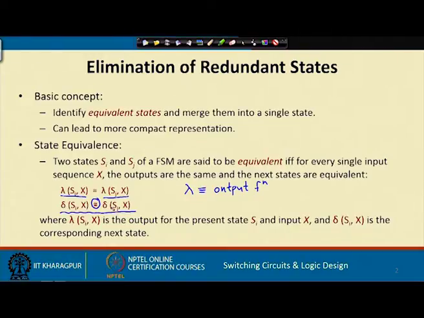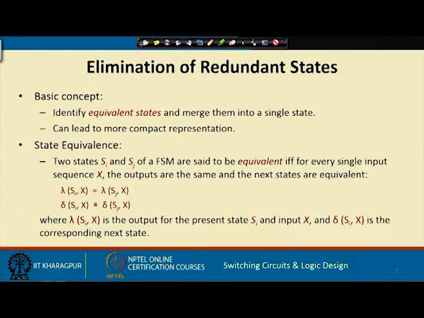So, when you have this kind of a condition holding, then we say that S i and S j of the machine are equivalent. Just to understand: if there are two states and I find that for all possible inputs that we apply from those two states we go to the same equivalent state and the outputs are also the same, what does that mean?